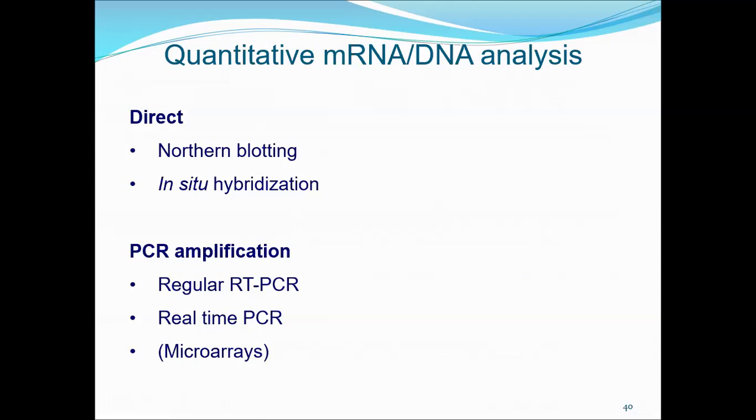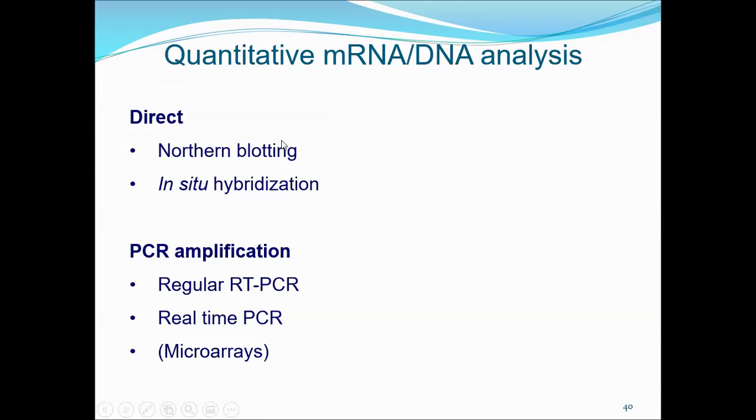So there are different methods of the quantitation of mRNA and DNA. The direct methods include the northern blotting, in situ hybridization, and also the PCR amplification.